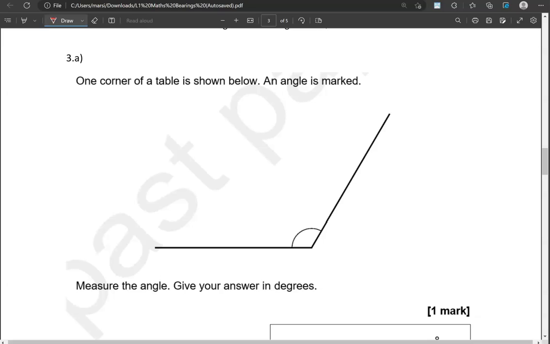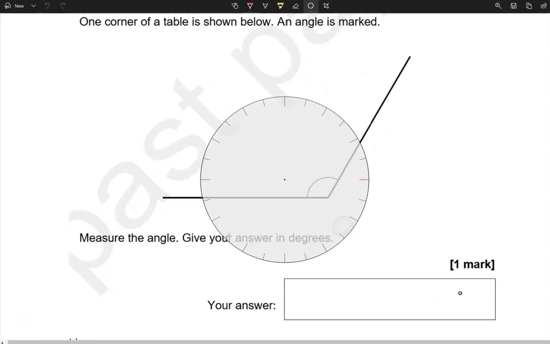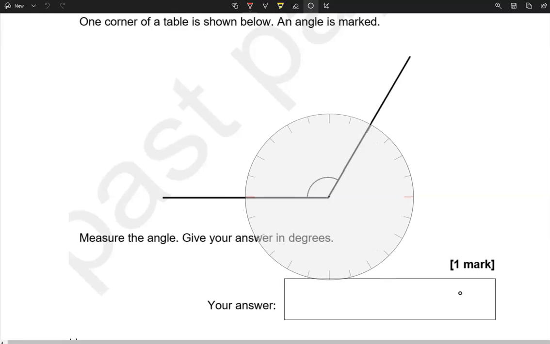One corner of a table is shown below. An angle is marked. Measure the angle. Give your answer in degrees. We'll align the protractor with the angle. So we've got the center right at the center of the angle.